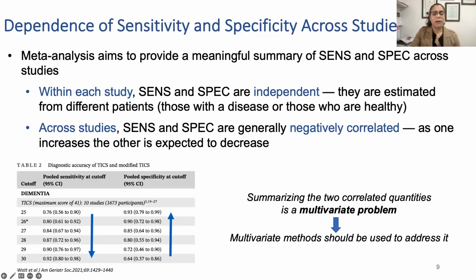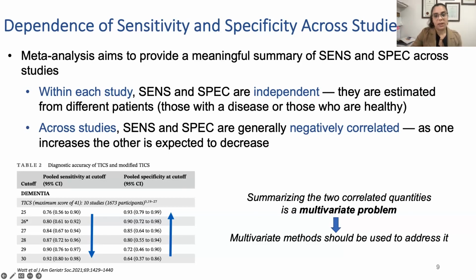Now, when we have similar thresholds, we estimate the pooled sensitivity and specificity with the confidence regions, the uncertainty around that. But when we have varying thresholds, we are able to estimate the summary ROC curve to describe the change between the sensitivity and specificity across the thresholds.